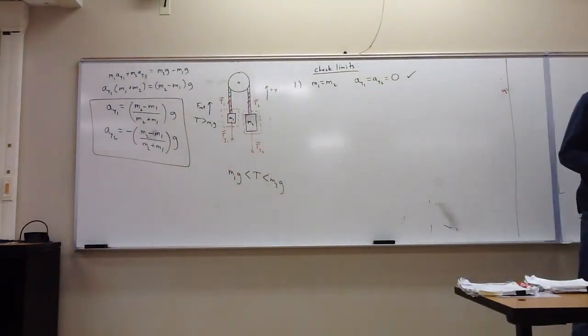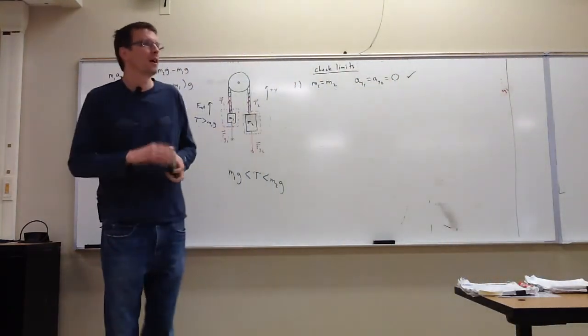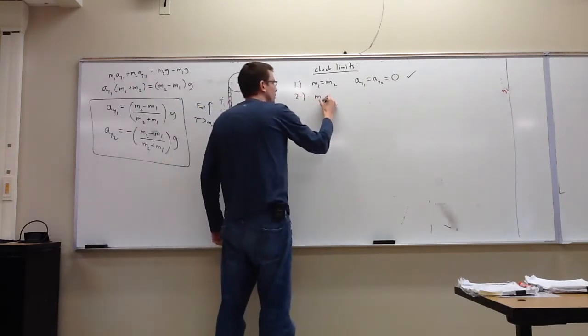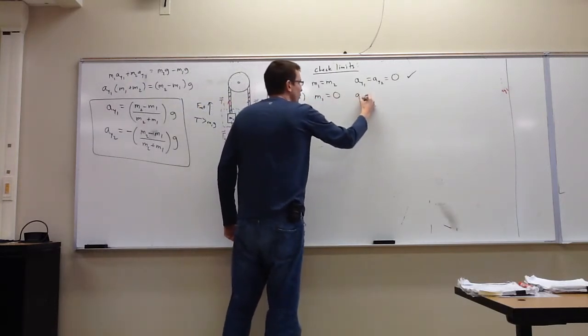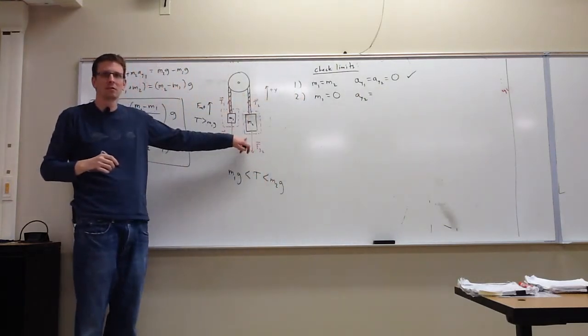Anyone think of another case where you know what should happen? Yeah. If one mass is 0, so let's make m1 equal to 0, then what should be the acceleration of the other mass? What's it going to do? Free fall.